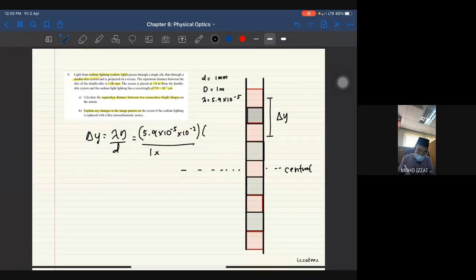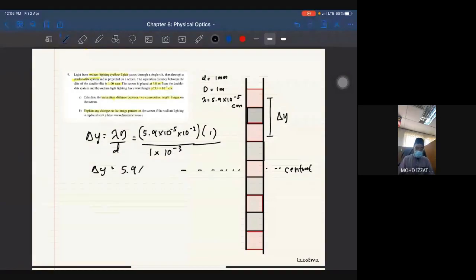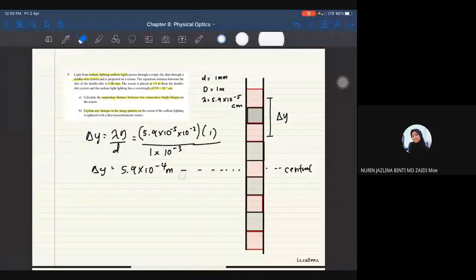Kenapa saya suruh pakai SI unit? Sebab unit ni biasa berbeza-beza. 1 mm lah, 1 m, 1 cm. So nak selamat tukar semua SI unit senang. And if you calculate, sepatutnya dapat 5.9. Betul. Betul, sir. Okay.